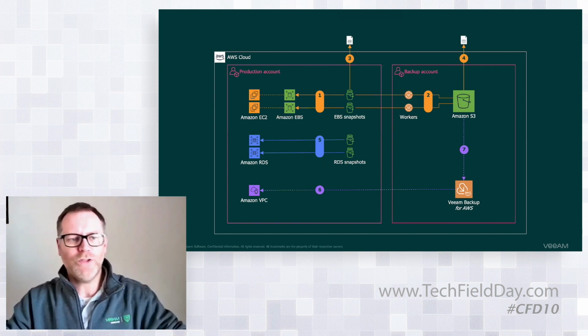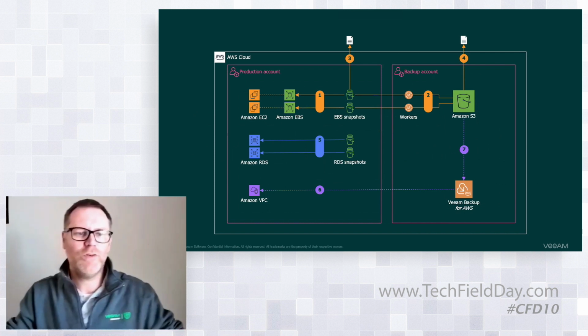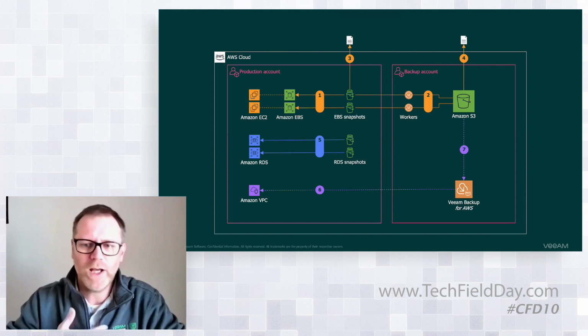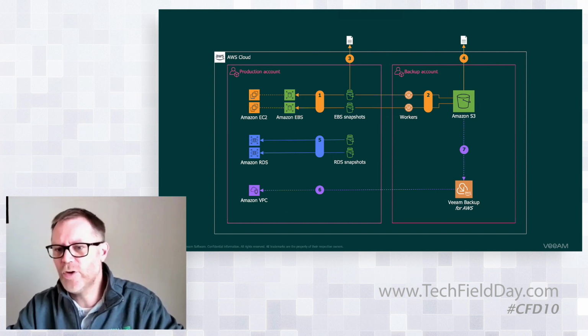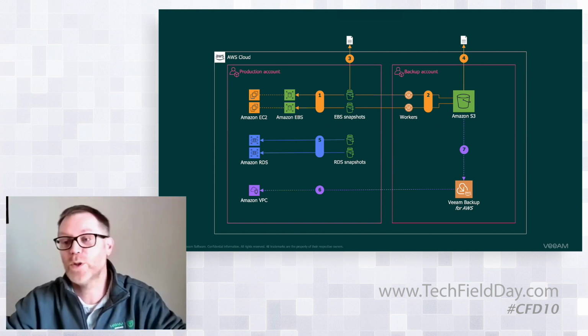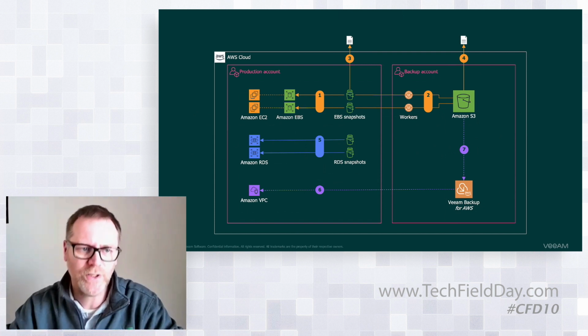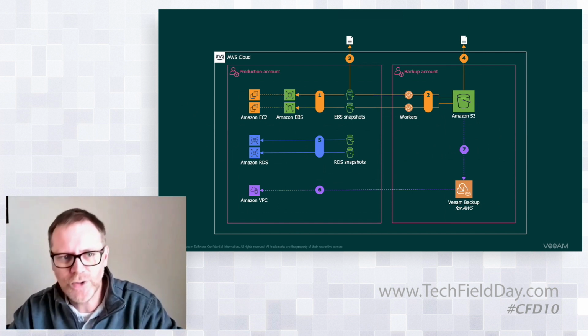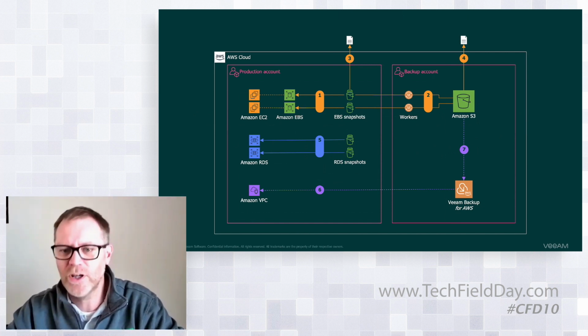And when we want to do restores, it's very similar. We can recover entire instances or volumes from snapshot, to the original location so we can overwrite existing instances, or create new instances in new locations and new accounts, whatever we need. We can do file level recovery as well, not only from snapshot but also from backups in our object storage platform. We can recover our databases to the original location or new locations.